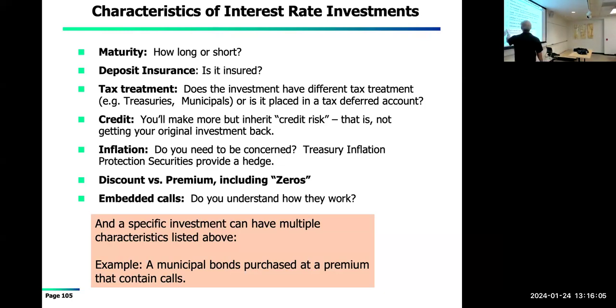Whether or not you have embedded calls, which are in muni bonds and corporate bonds all over the place. There is nothing trivial about the valuation of embedded calls. They exist, and that's one of the reasons they exist.